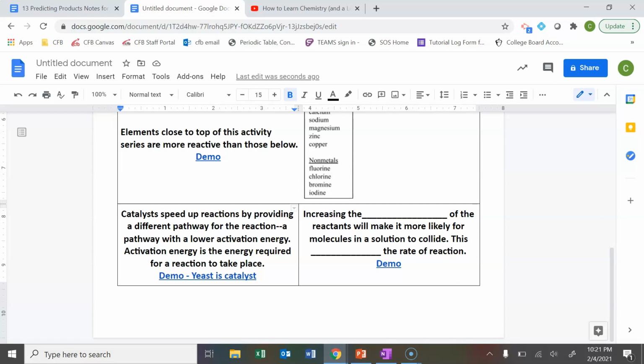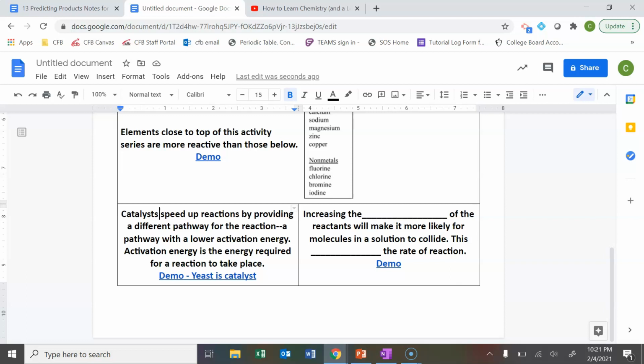Catalysts speed up reactions by providing a different pathway for the reaction. It's a pathway with a lower activation energy. Some people will say that it lowers the activation energy, and I can understand where they're coming from. That's kind of a simplified way of looking at it. But it doesn't actually lower the energy of the reaction, it changes the reaction.